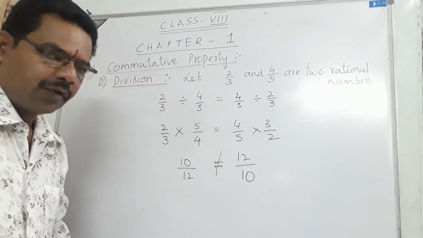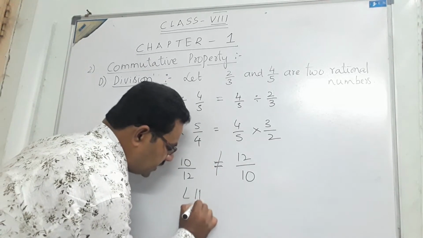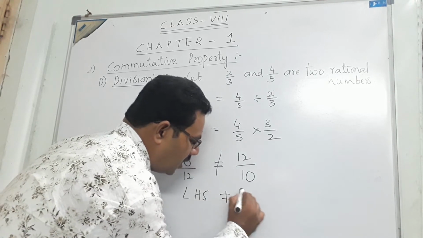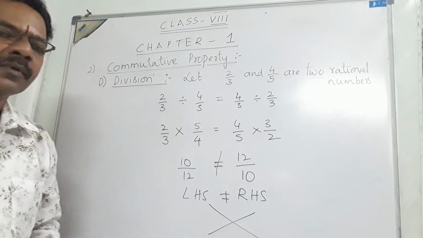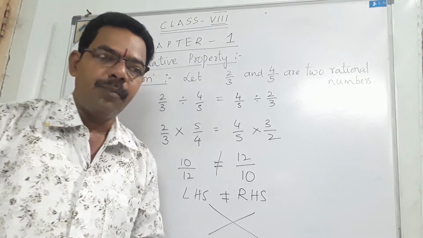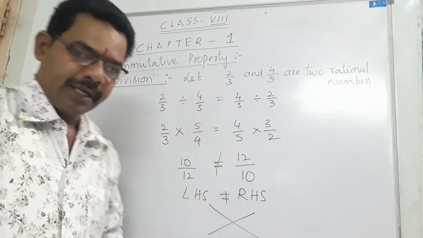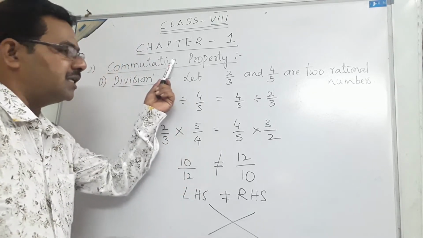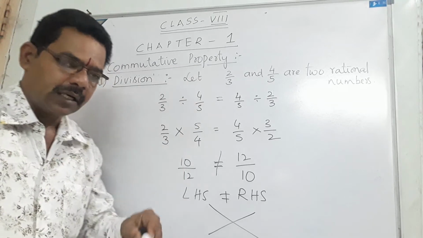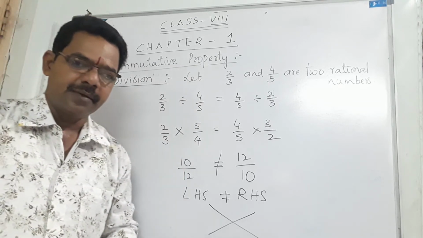Both are not equal, and that means LHS is not equal to RHS. So in the division, the commutative property will not be followed in rational numbers. For this we can say the commutative property is not followed in rational numbers under division.